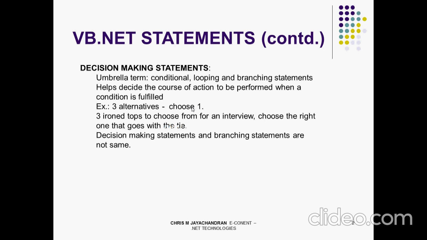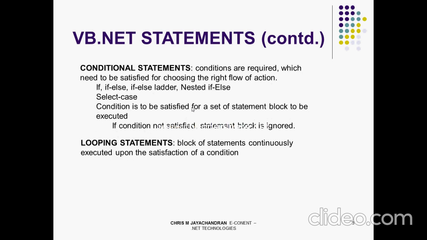In a similar manner, we have something called branching statements. We should clearly know that both decision-making and branching statements are two different aspects. Under decision-making statements, we have conditional statements and looping statements. Under branching, without even fulfilling any of the conditions, we could immediately alter the flow of execution.